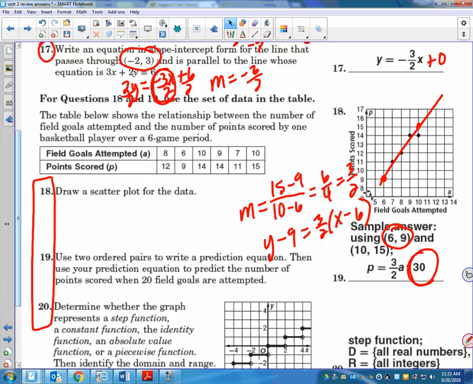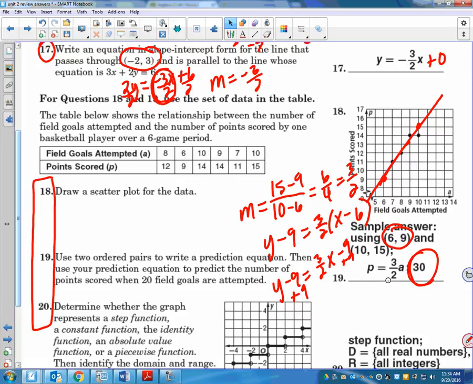And this actually works out not so ugly, because when you take 3/2 times 6, you get 9, right? So 3/2 x minus 9. So when you add 9 over, the y-intercept ends up being 0, which, if we look down, if we continue my line here, oh, I'm a little off from having a y-intercept of 0, but close.